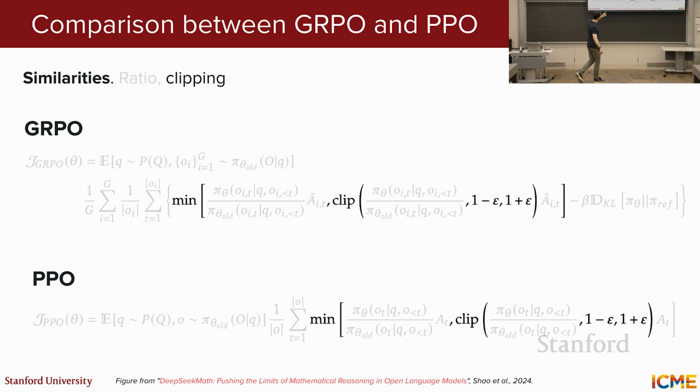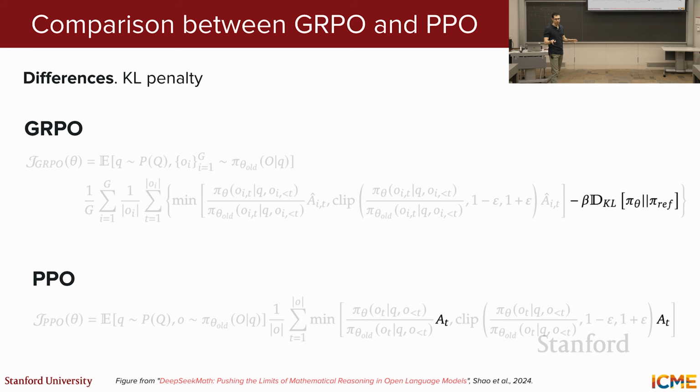And they do that with the clipping mechanism that we saw last lecture. I recommend that you go through these charts that we saw together: when the advantage is positive, how the loss looks, and when the advantage is negative. This clipping function just allows you to not make updates that are too big.